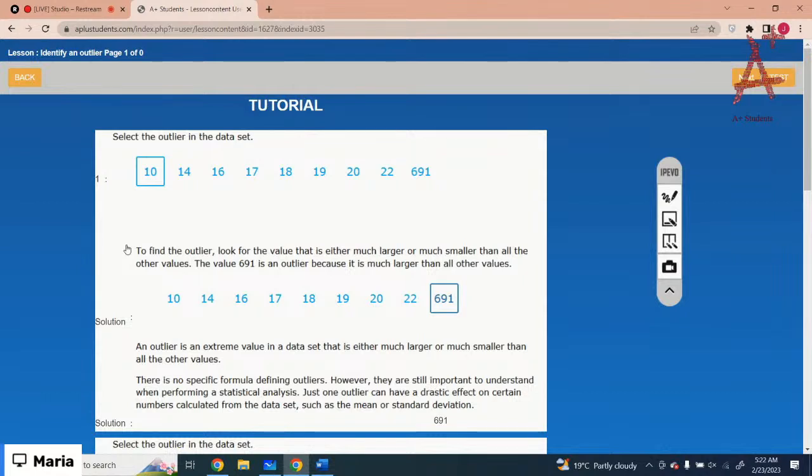Got it? Because the other numbers are two-digit numbers and 691 is much larger. So the correct option is 691. So you're removing a greater number. So when you remove a greater number, the mean is decreased. Got it? Because you removed a larger number. So it would be then decreased.